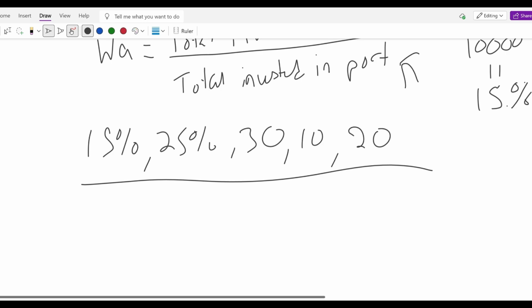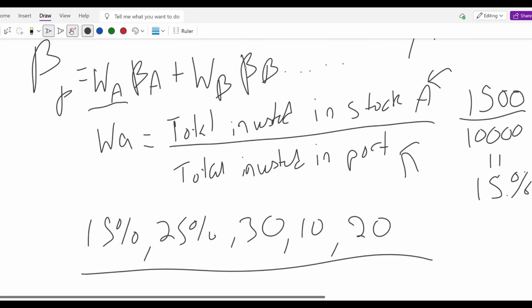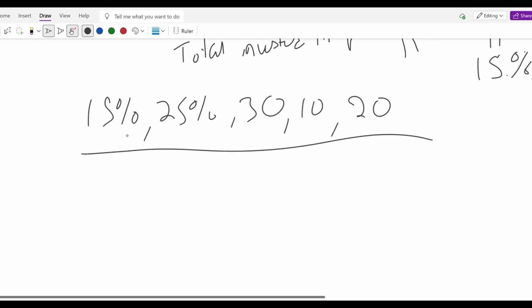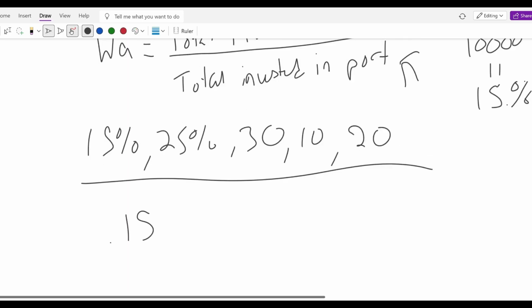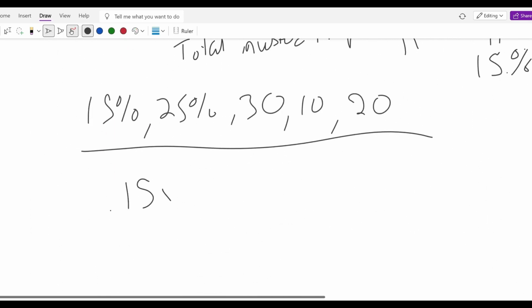And so what that means is that you then multiply that by your beta, because you're trying to find the beta of the entire portfolio. So you multiply the weight by the beta. The first one's weight is 15%, so that's 0.15, and the beta is 1, so times 1.